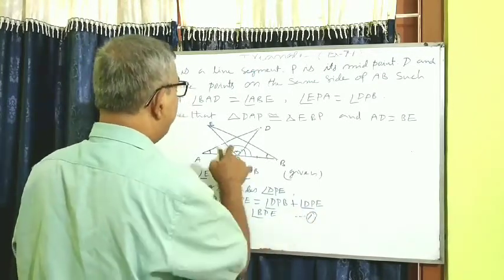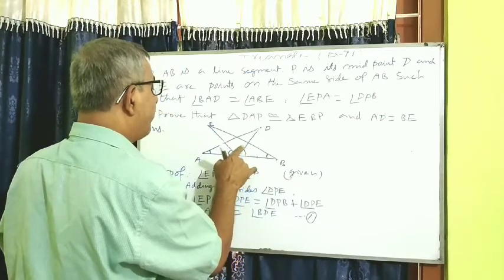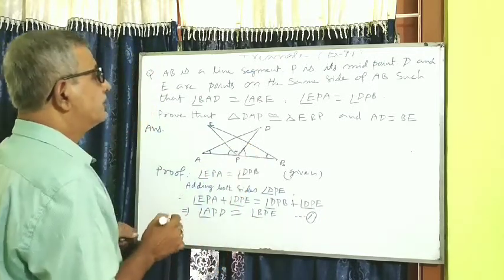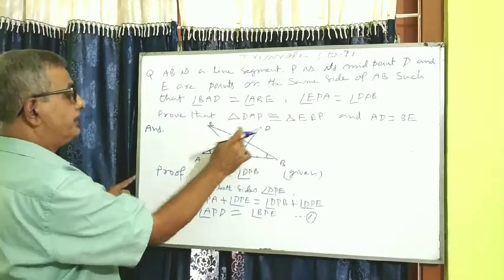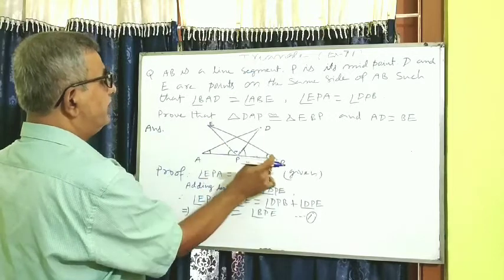Now you compare the two triangles. Which triangles do you compare? One is DAP, another is EBP.